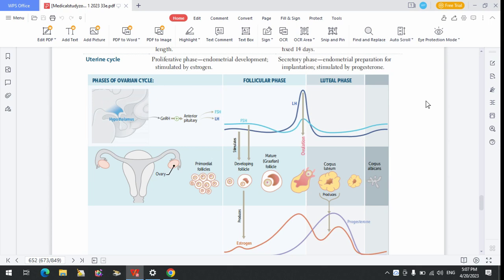So if you have an idea of the cycle length, and you are able to tell the time from the last menstrual period to that person's possible date of ovulation, you just have to subtract about 2 weeks, because we are saying that the luteal phase is fixed. Do you understand what we are saying? In order to get the embryonic age.